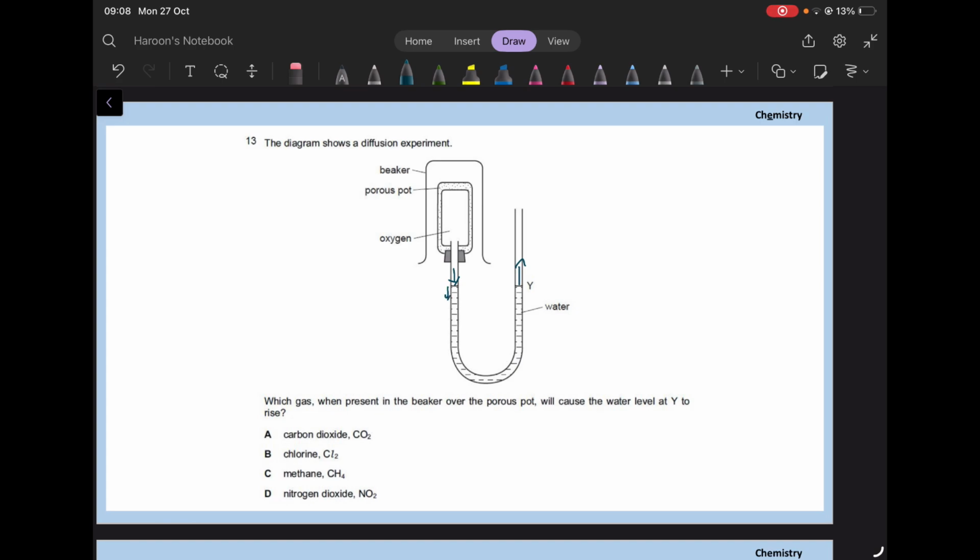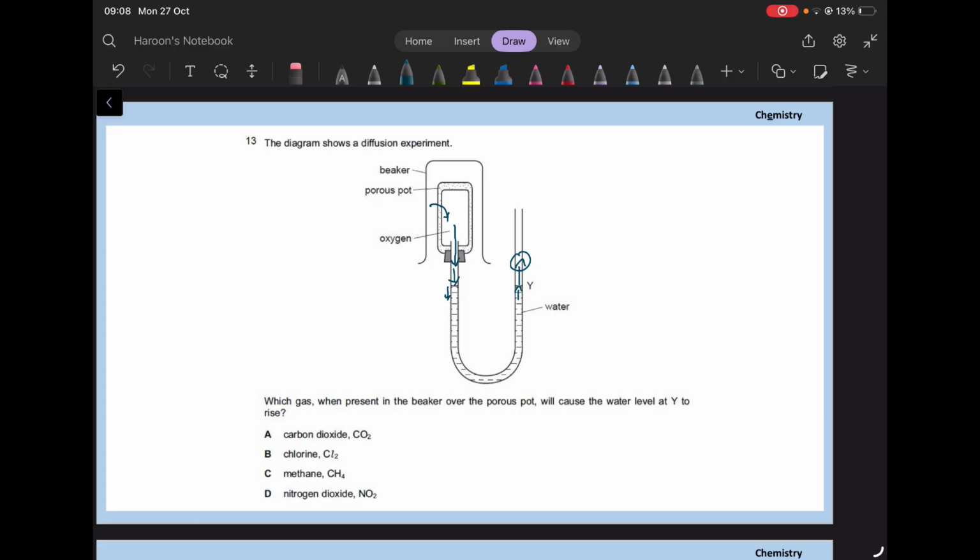It won't magically disappear. So it will be pushed upwards on this side. So if you want this to rise, basically we want gaseous particles to enter inside this part. If we have more gaseous particles coming inside, these particles would push this water level down here and upwards on the Y side.